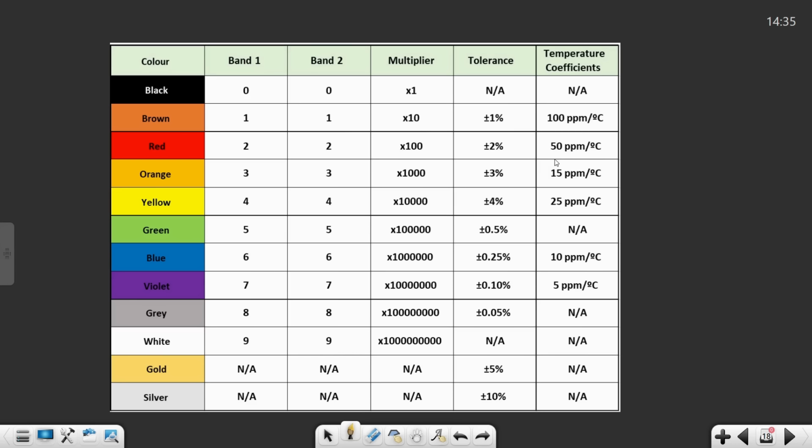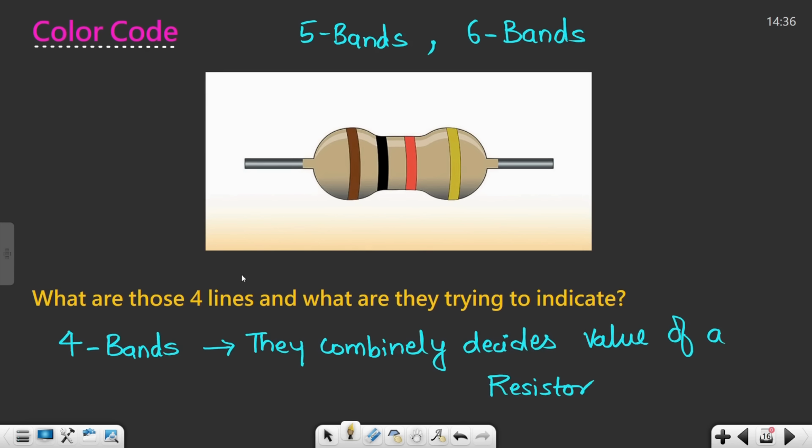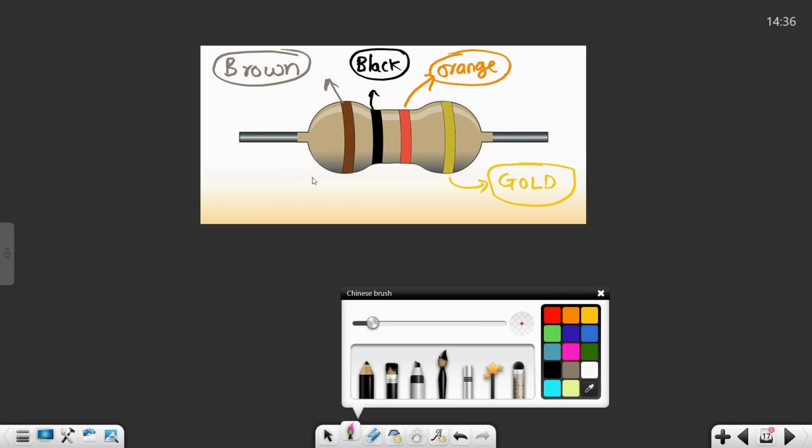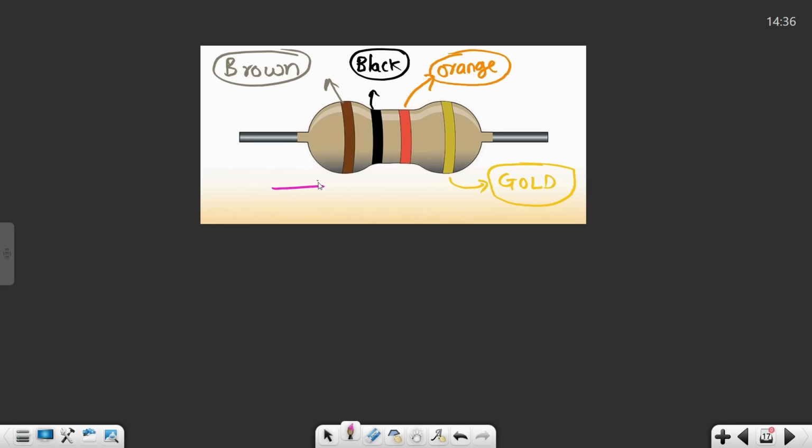So we need to identify where that brown color is present, whether it is band 1, band 2, band 3 or band 4. As I clearly mentioned, this is a 4 band resistor, right? So is brown my band 1, band 2, band 3 or band 4? We really don't know. If I am starting from this particular position, this will be my band 1.